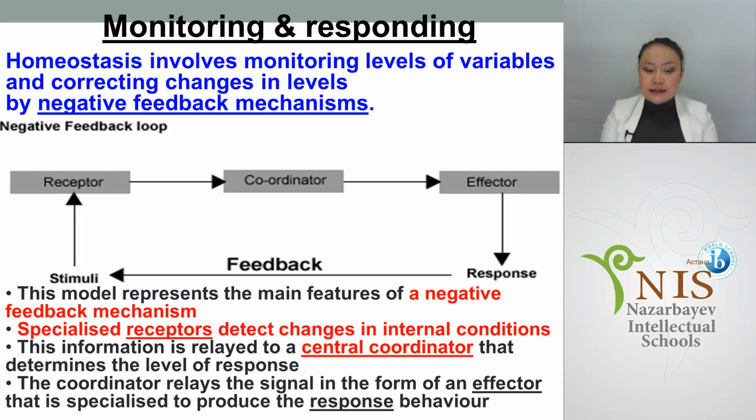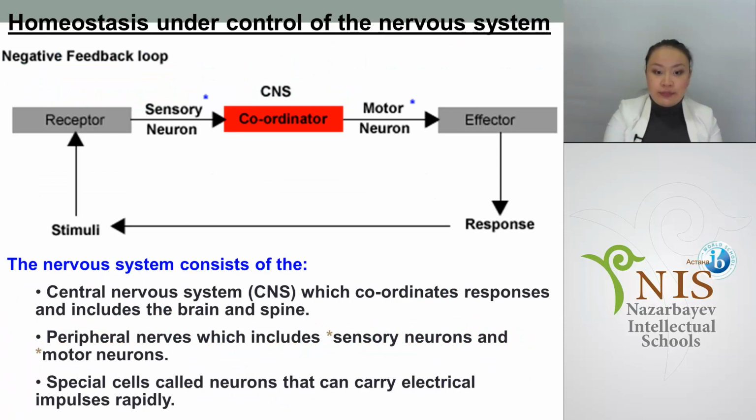This information is relayed to a central coordinator that determines the level of response. Then the coordinator relays the signal to an effector that is specialized to produce the response, and then there will be the response, and the level will return to the constant level.